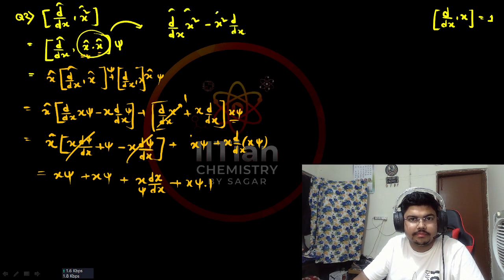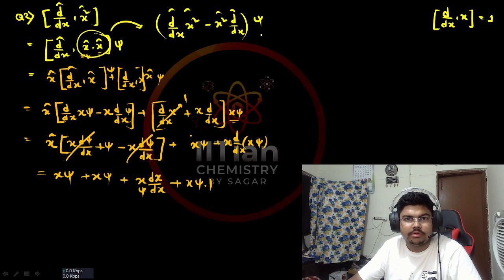No problem. This is basically the commutator. That means d/dx of x square psi minus x square d psi/dx. No problem. Now this we have to solve.